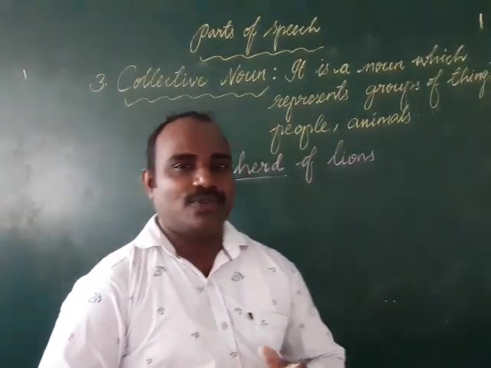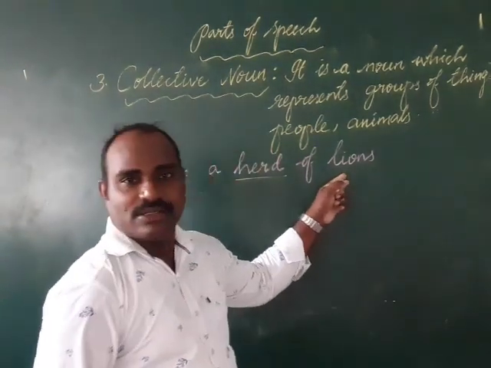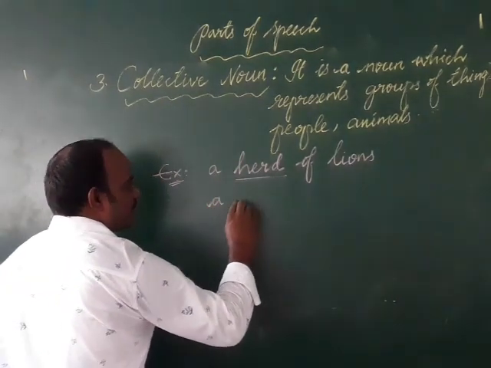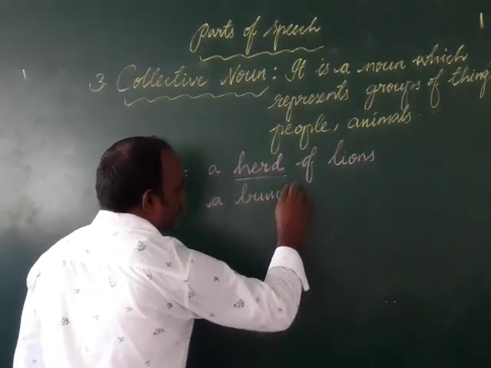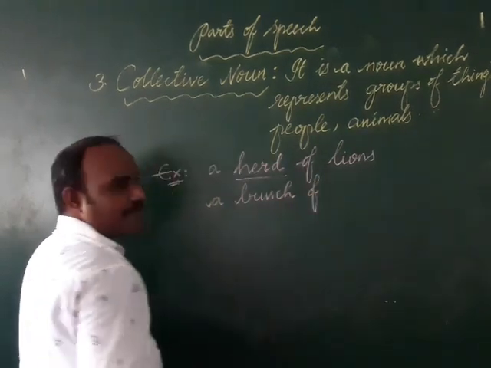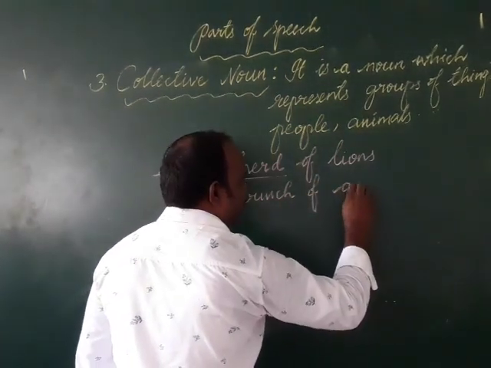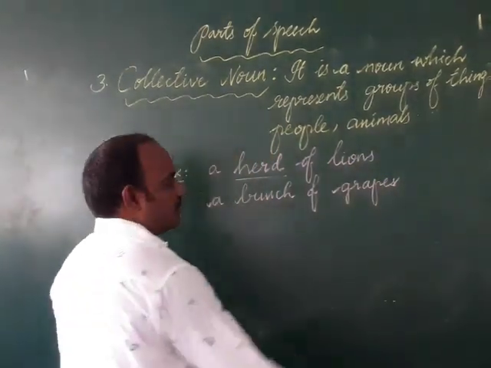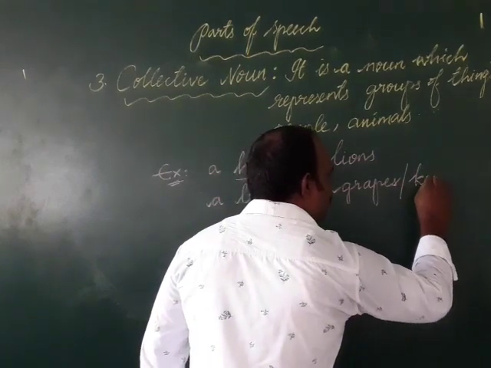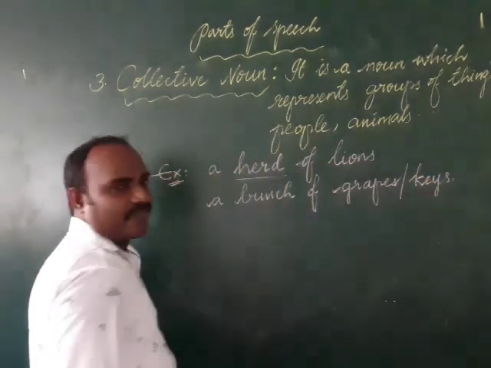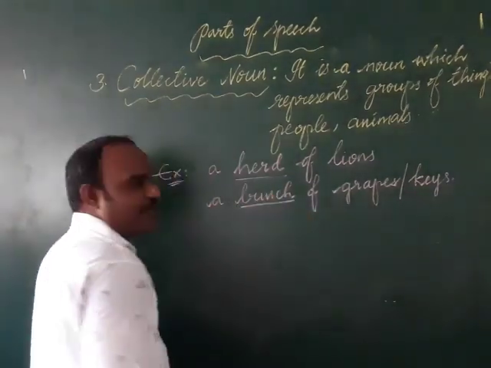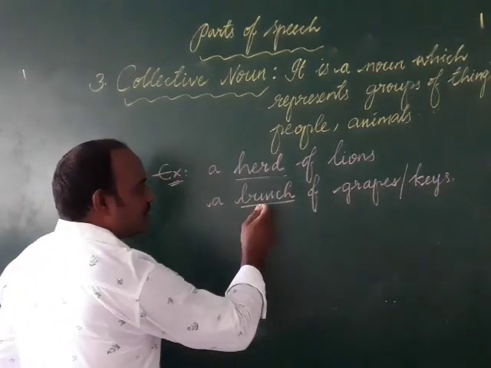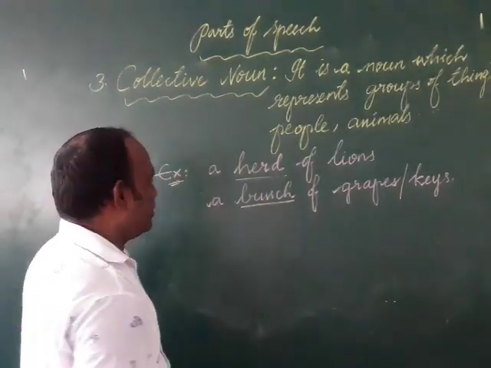Herd is a group of wild animals like lions, elephants, etc. A bunch of grapes or a bunch of keys. Here bunch means a group of grapes or group of keys. So these underlined words are collective nouns.